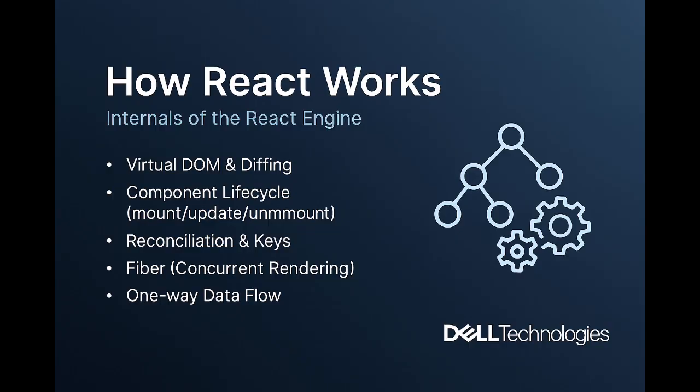JSX compilation. While not exactly runtime how React works, but a build time aspect, let's quickly mention it. JSX is transformed by a compiler, Babel typically, into calls to React.createElement in React 17 and earlier, or to a jsx function in the new JSX transform, React 17 plus with the new Babel plugin.